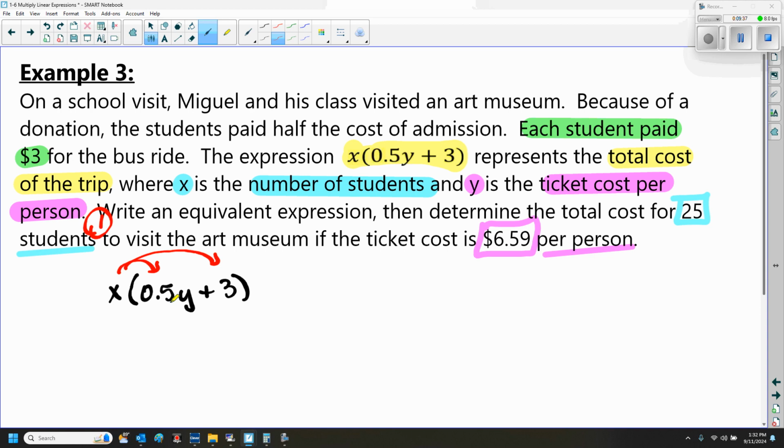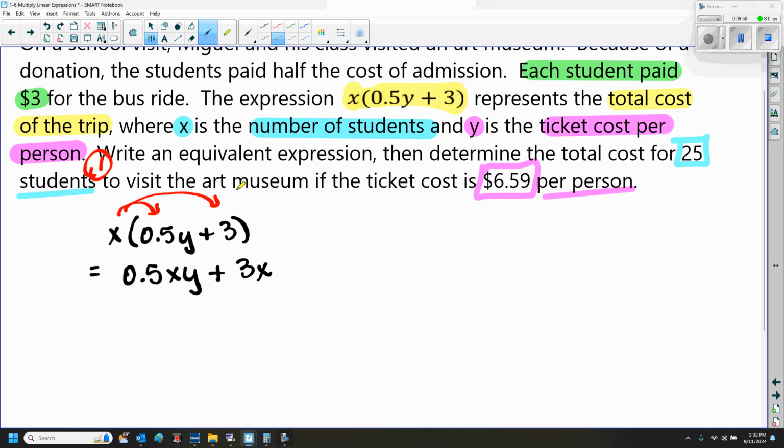So 1/2 y times x gives me, what do you think? 0.5yx. Very good. I'm going to put it in alphabetical order, x, y. And x times the positive 3 is a positive 3x. And there's my equivalent expression.